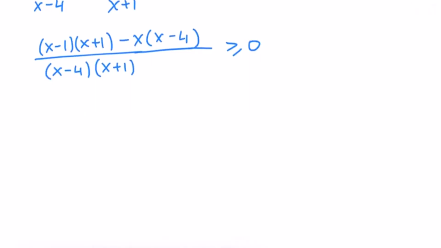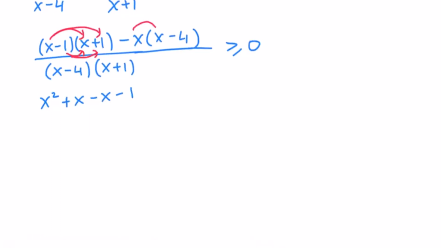Let's simplify this. X times x, so that is x squared. X times 1 is x. Negative 1 times x, so we have negative x. Negative 1 times 1 is negative 1.